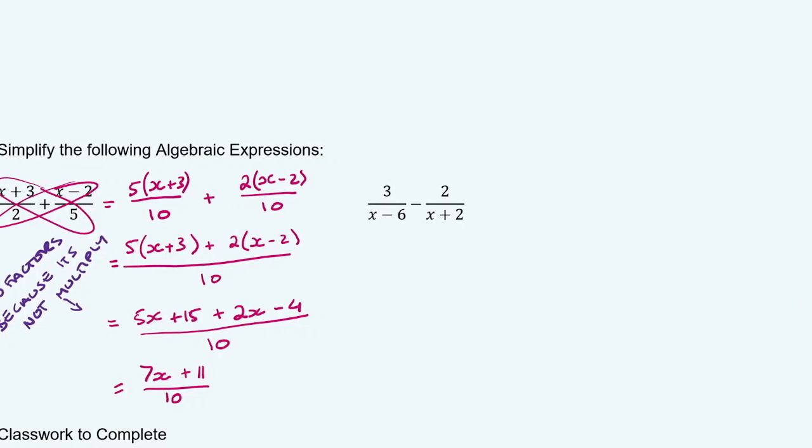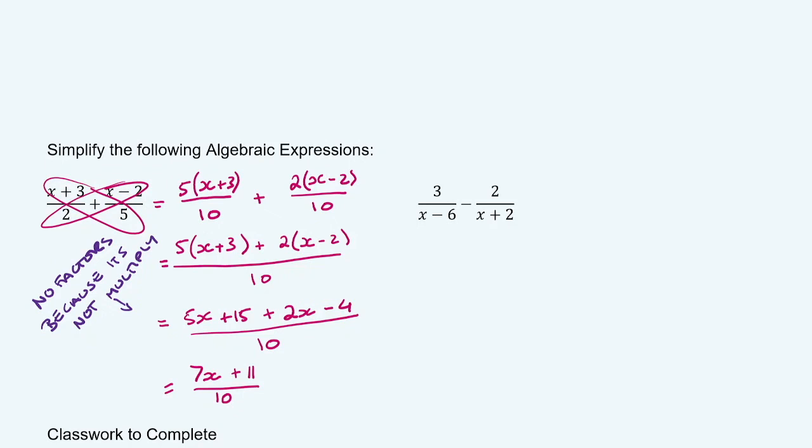Alrighty. Let's keep moving on. This is our last one for this video, because we need to multiply the ones at the bottom together first. So we're going to have x minus 6 and x plus 2. Alright. That's where we're at. We're going to have that at the bottom of both. Alright, now we do the other bits the same exact way.